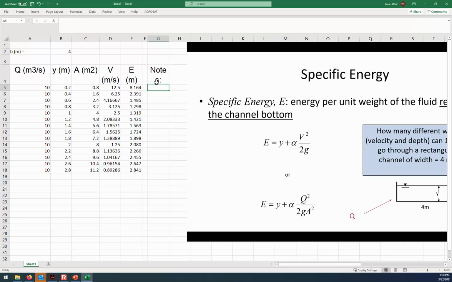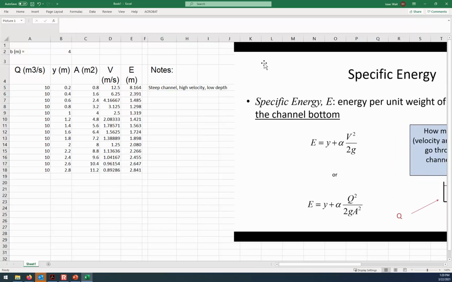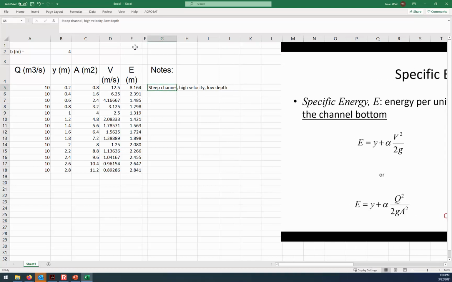This, at the top of the chart, represents a steep channel, high velocity, low depth. Now in the specific energy equation, which is here, most of the energy that we have is from the velocity. So I'm going to say most of the energy is from velocity head.